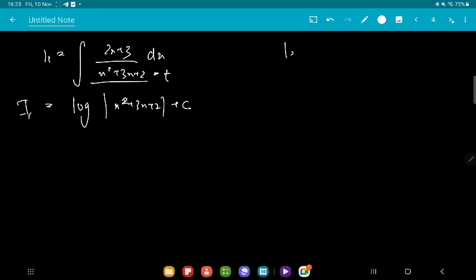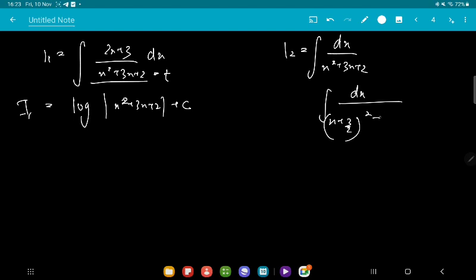Okay. For I2, x square plus 3x plus 2 you can make a perfect square: x plus 3 by 2 whole square plus 2 minus 9 by 4. Once you solve it, you will get x plus 3 by 2 whole square minus 1 by 2 whole square.